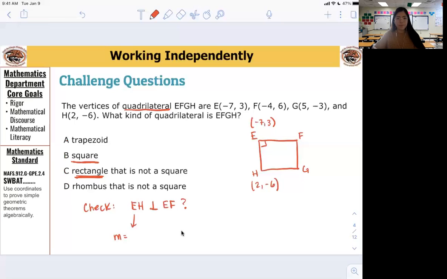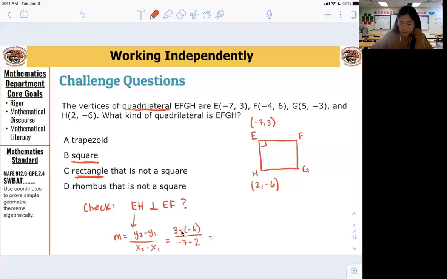We can do y2 minus y1 over x2 minus x1. Very good. Okay, so using those two coordinate points, (-7, 3) and (2, -6), let's plug that into our slope formula and see what we get. So what would I write down for y2 minus y1? 3 minus -6. Good. And then x2 minus x1, -7 minus 2. Thank you, Tyrone. Let's do the work.